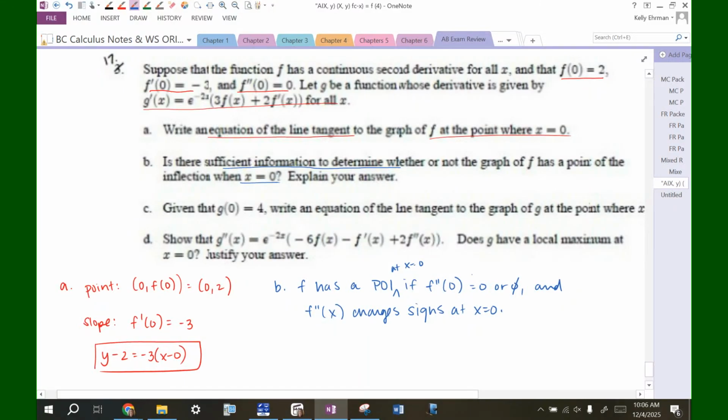We do have this. We were given this, but we don't actually have the function. We don't have any information to show us that f double prime changes signs.